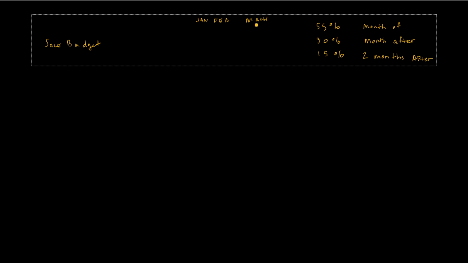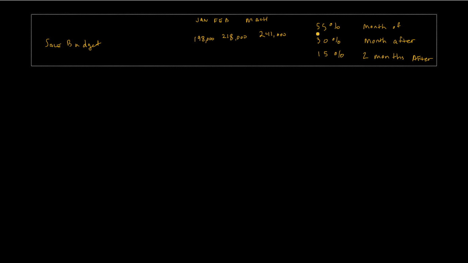And they give us the sales figures. So March sales are $241,000. February is 218,000, and January is 198,000. So we've got to figure out when we're going to collect this, right?